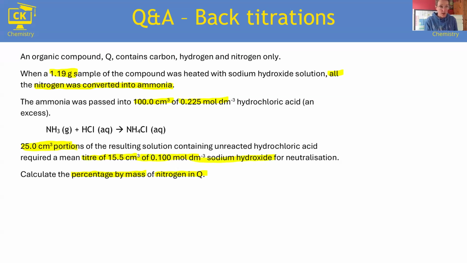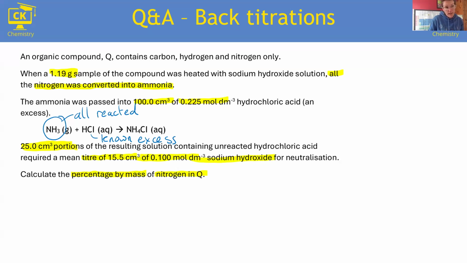So this sodium hydroxide is finding out how much leftover acid there is. This went in, this all reacted. This is a known excess. So it's an excess, but I know how much it is. I can calculate it.